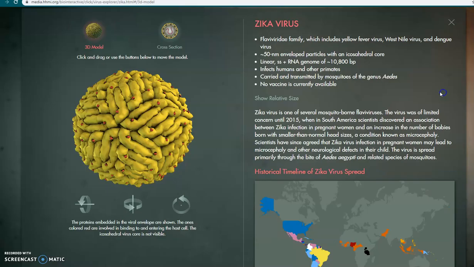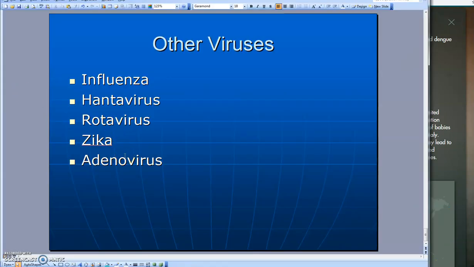Adenovirus, I thought I had adenovirus up here, is a kind of cool looking one, which causes the common cold, bronchitis. Again, you probably had an adenovirus. It's not going to hurt you too bad. The flu is pretty deadly, can be deadly.